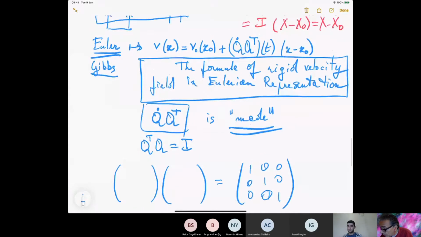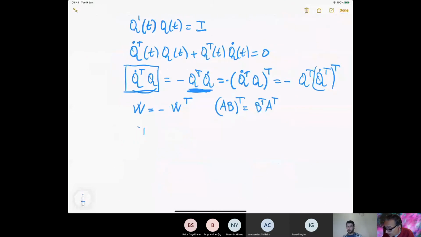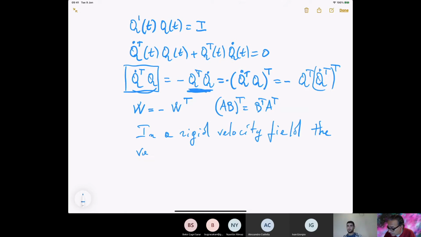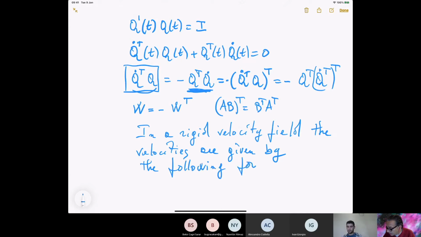So we can write that in a rigid velocity field, the velocities are given by the following formula.